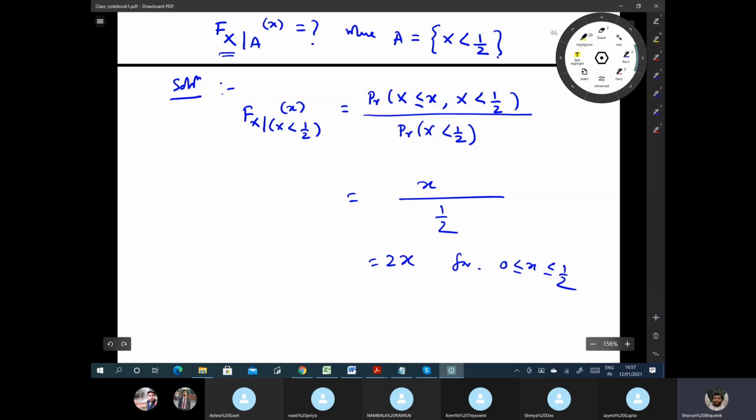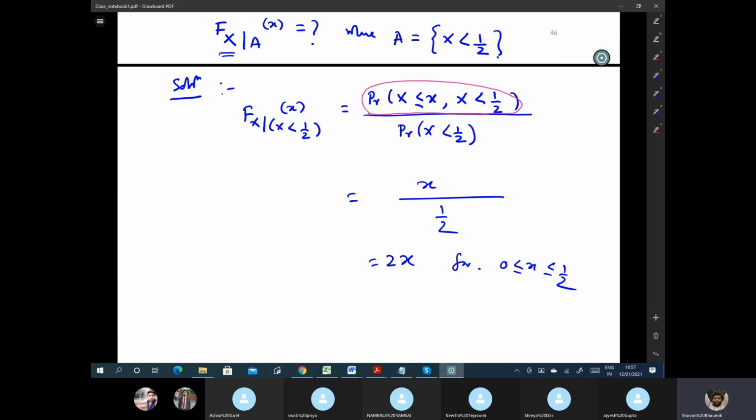If it is not making sense, I'm again trying to explain. This is the probability of X less than x and less than half. We know that the probability of X over 0 to 1 is x. So what is the probability when less than half? It would be x only.